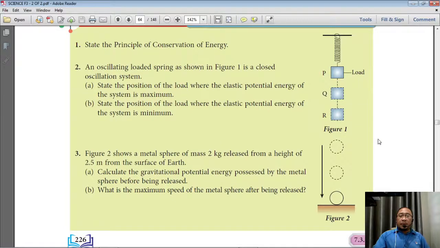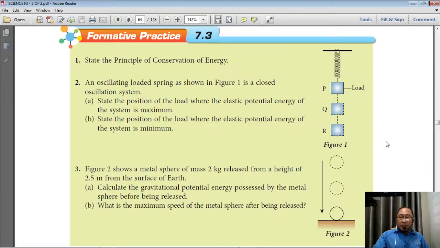I hope this simple explanation will guide you to understand the principle of conservation of energy. Do this formative practice in your textbook after you finish your notes for this subtopic. Okay, thank you very much.